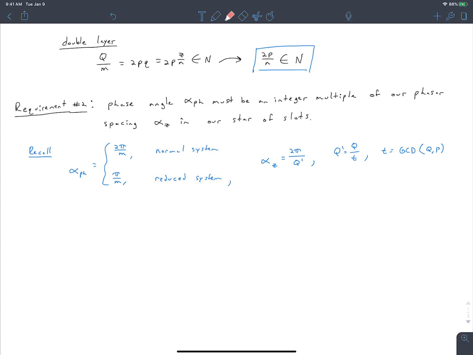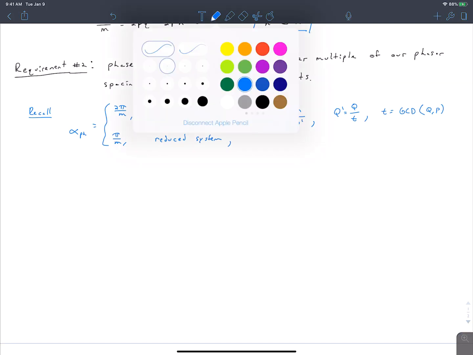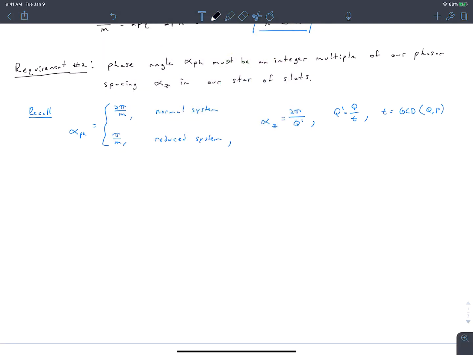And we also talked about how to calculate the angle between adjacent phasors in our star of slots as being 2 pi divided by q prime, where q prime was equal to our number of slots divided by this value t, where t was the greatest common divisor of q and p. That is, the greatest common divisor of our number of slots and our number of pole pairs. And so now we can plug these expressions into each other to figure out this symmetry condition.